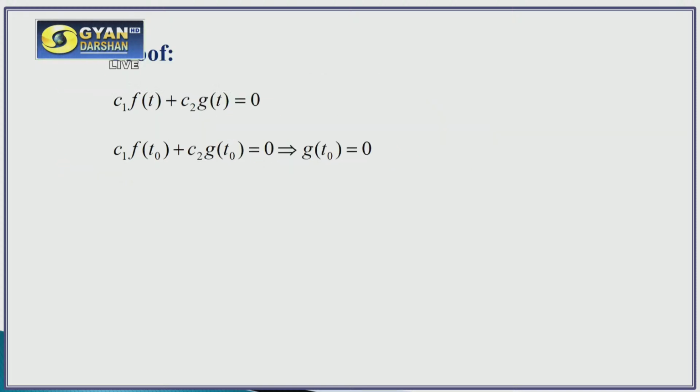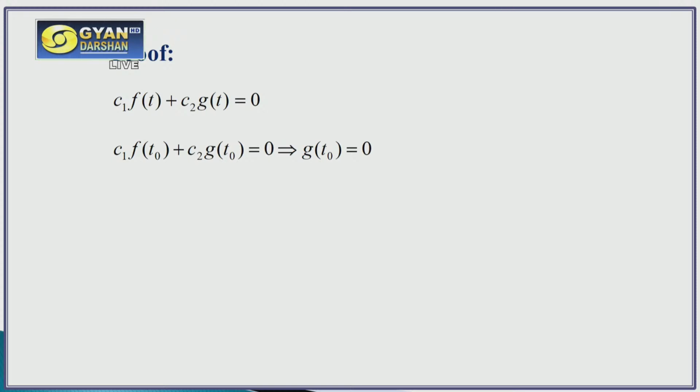Since they are linearly dependent, a linear combination can be equal to 0 where C1 and C2 are constants and at least one of them is non-zero. That is the definition of linearly dependent functions. Now, if C1 becomes 0, then C2 automatically becomes 0, or otherwise g becomes 0.